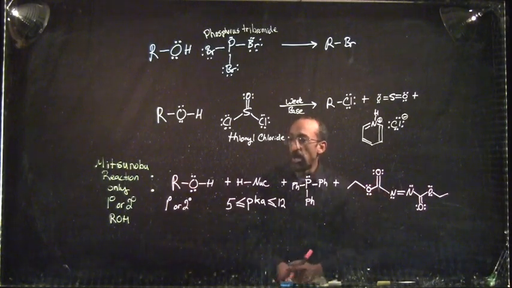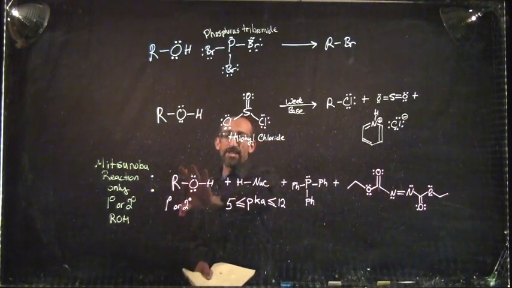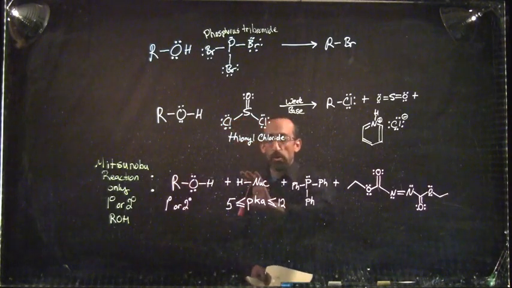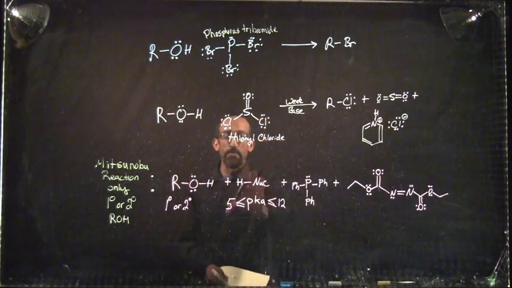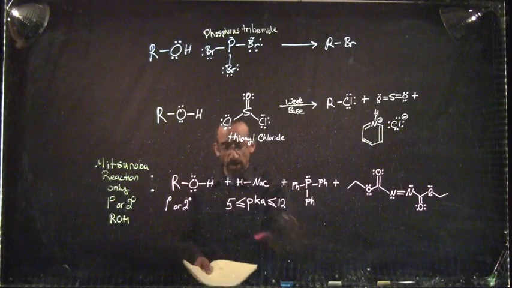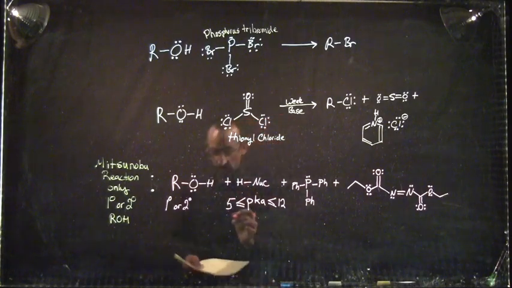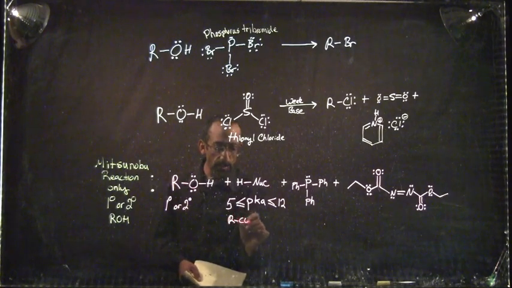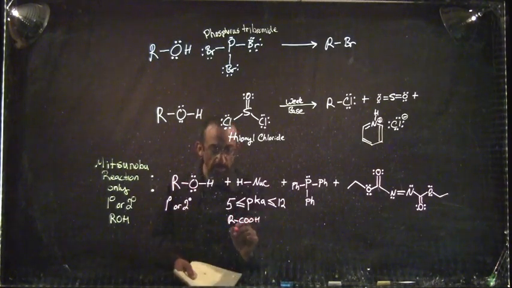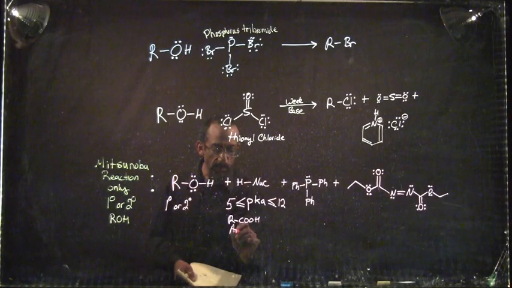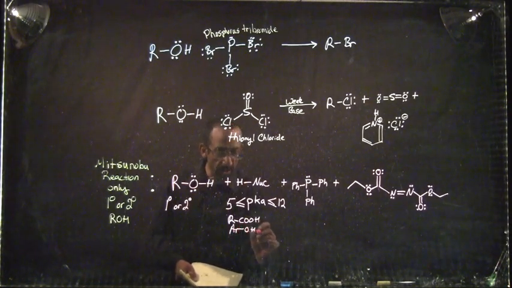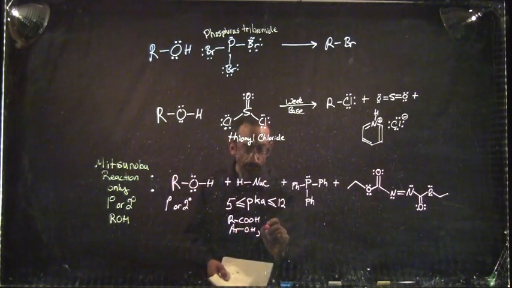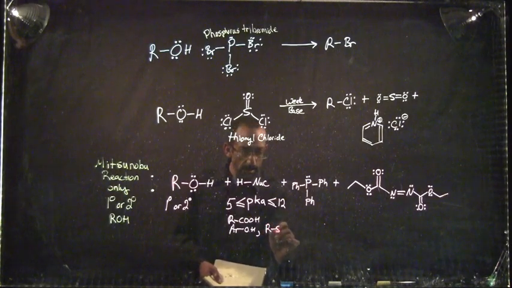All right, so we take a primary or secondary alcohol, and we take a weakly acidic nucleophile with a pKa somewhere between 5 and 12. Representatives of these nucleophiles would be our carboxylic acids, phenols, and thiols.